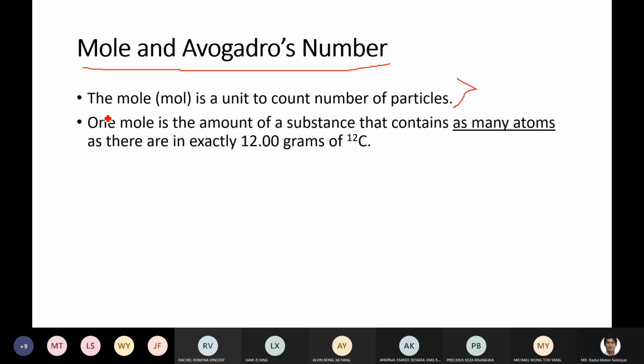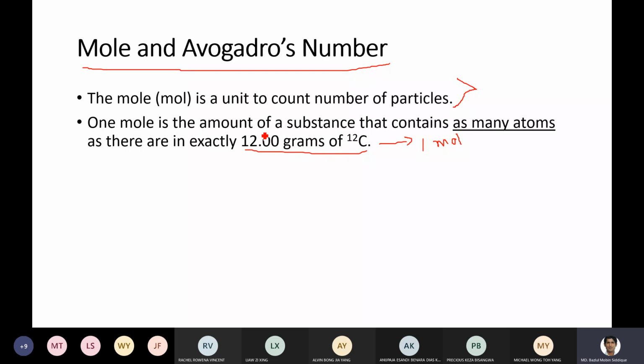So 12 grams of carbon 12 is equal to 1 mole, right? In 1 mole there is always Avogadro's number of particles.